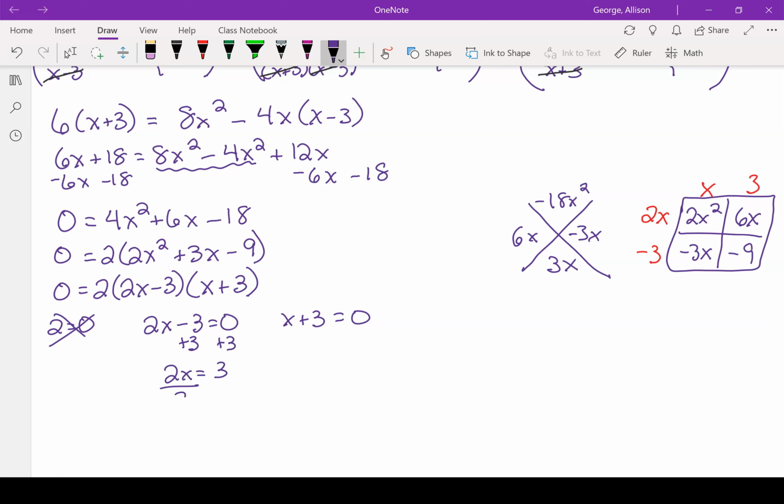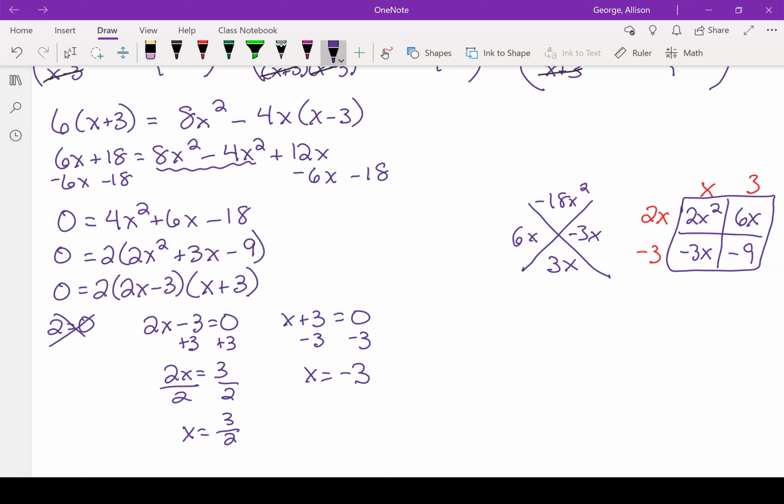And then I'm going to divide by 2. And I'm going to have x equals 3 halves. Believe it or not, it is actually easier to leave that as a fraction instead of trying to write it as a decimal. I know some of you are allergic to fractions, but just roll with me for right now. Alright, for this one, I'm going to subtract 3 from both sides. X is going to be negative 3.